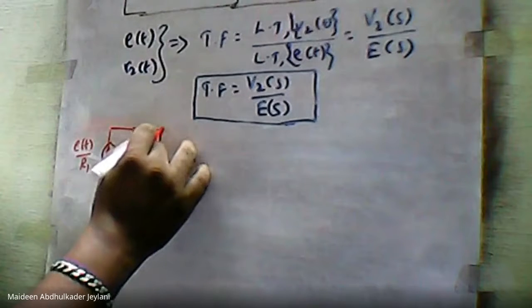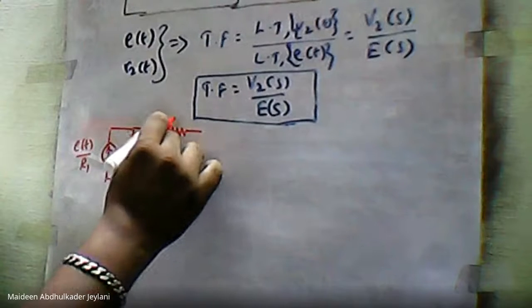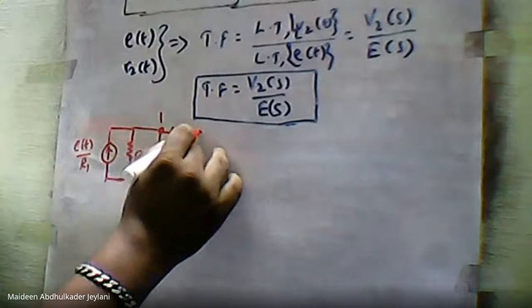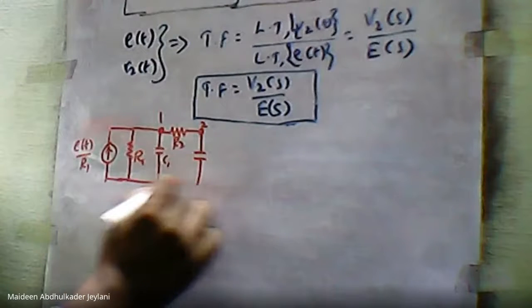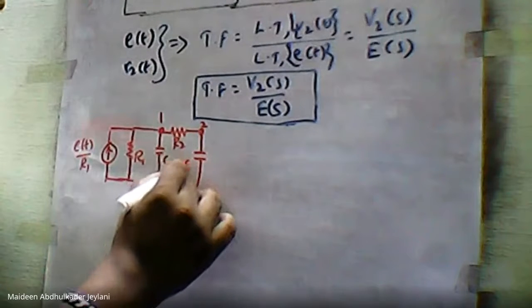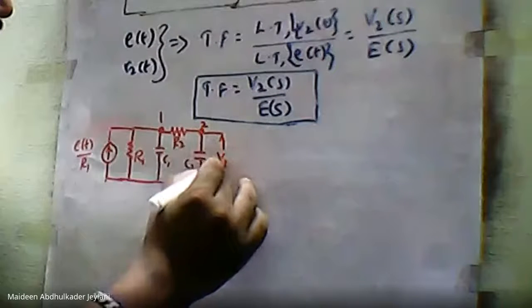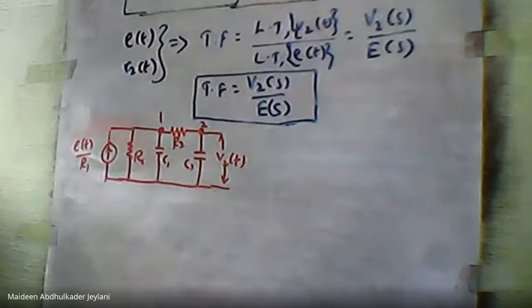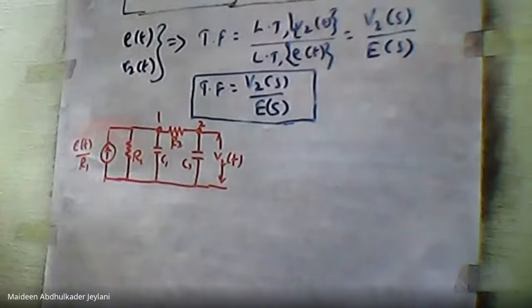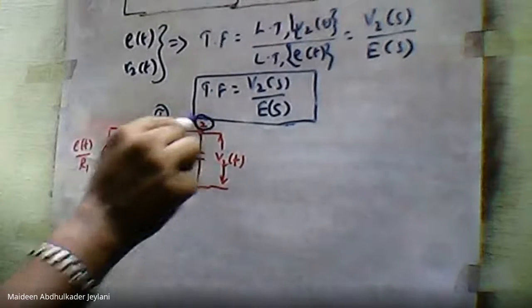This is my node 1, and another resistor R2 and node 2. I have a C2 connected with it, and the output V2 of t. So this is my node 1 and node 2.